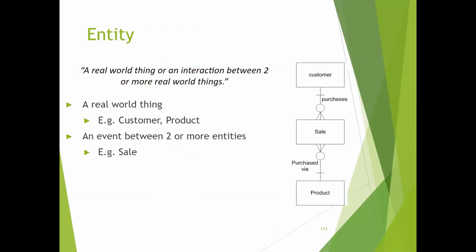Okay. So again, as we talk through it, an entity is a real world object or an event between two entities. So for example, even in the PHN world, you may have a patient, and you may have a service provider, like a doctor's office.